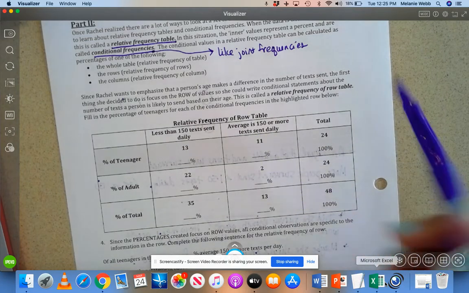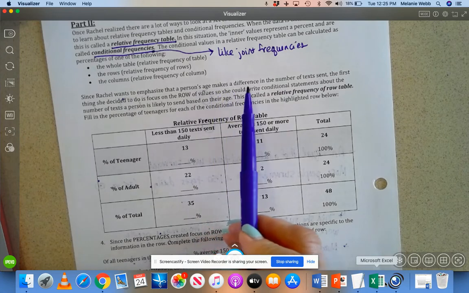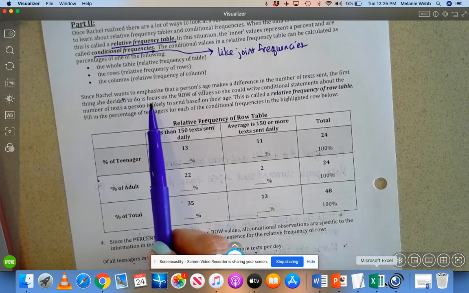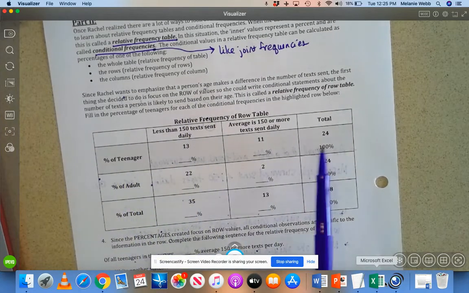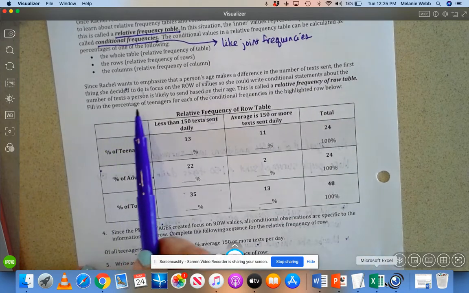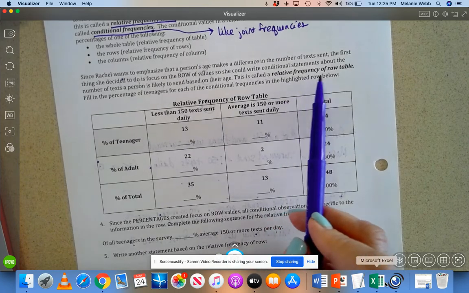So since Rachel wants to emphasize that a person's age makes a difference in the number of texts sent, the first thing she decides to do is focus on the row of values of teenagers, so that she could write conditional statements about the number of texts a person is likely to send based on their age. This is called relative frequency of row table.